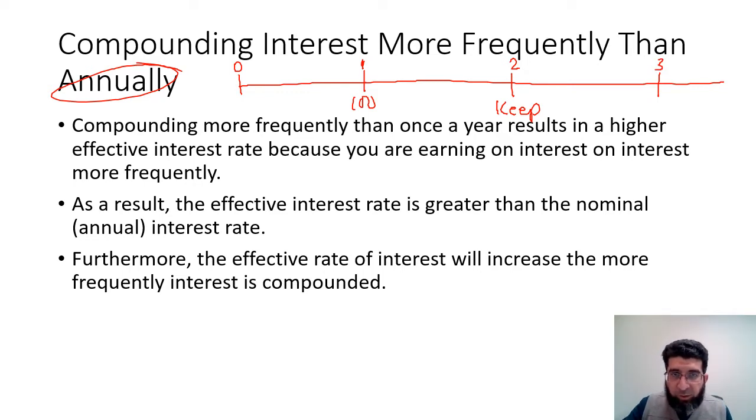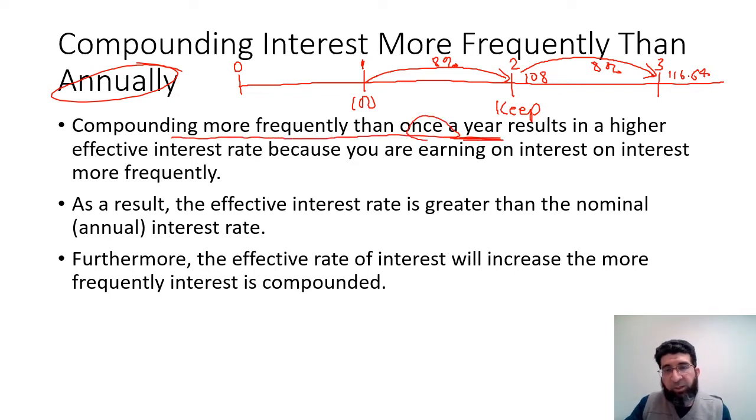So the 100 first accumulates at an 8% interest rate, and the total amount, 108, is reinvested for another year at 8%, and that becomes 116.64.